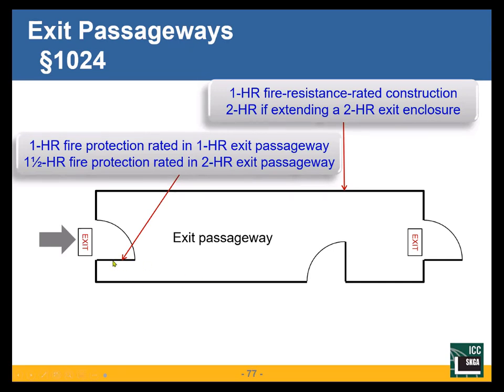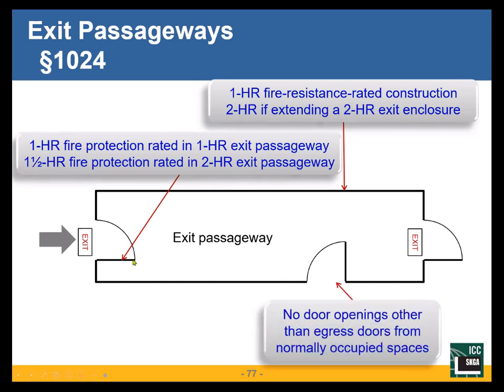My corridor, 20 minutes. 2 hour construction, hour and a half rated door. And one of the key things, no openings from other spaces. So the only doors entering an exit passageway are doors that are exits.